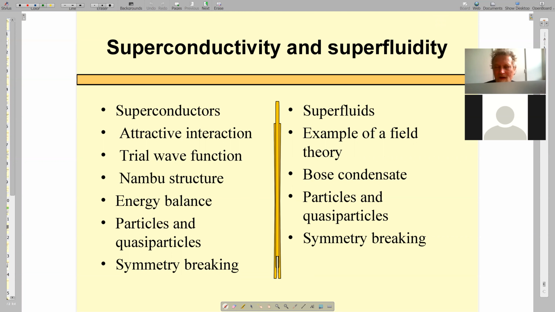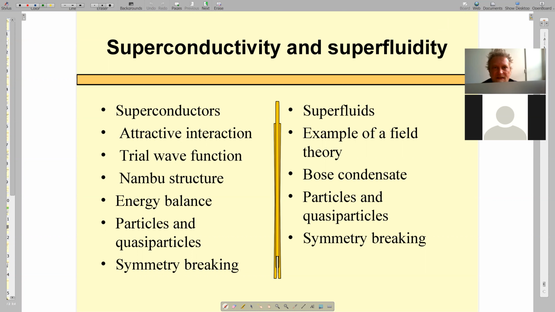And today I will give you perhaps my favorite lecture in the course about superconductivity and superfluidity. Where are we now? Now we are looking for good examples to illustrate the technical side of advanced quantum mechanics.